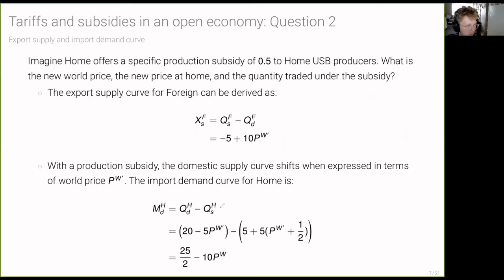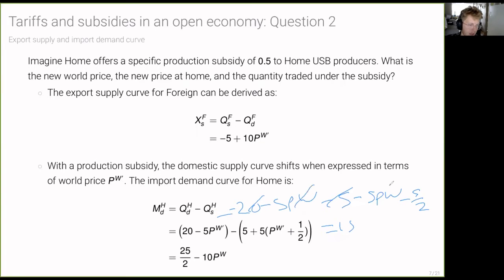So this is equal to 20 minus 5 PW. The second term, let's multiply that out. This is going to be negative 5 minus negative 5 PW minus 5 over 2. Okay, so these terms combine to give us 15.